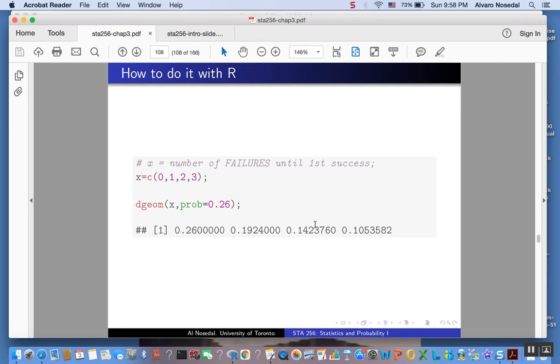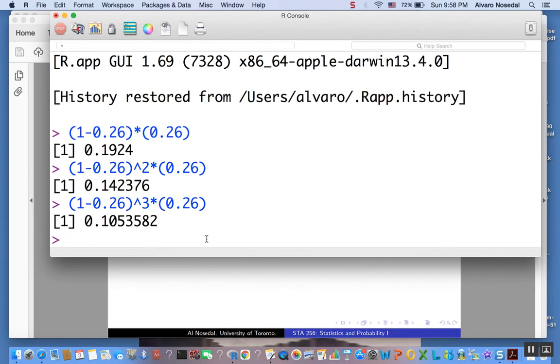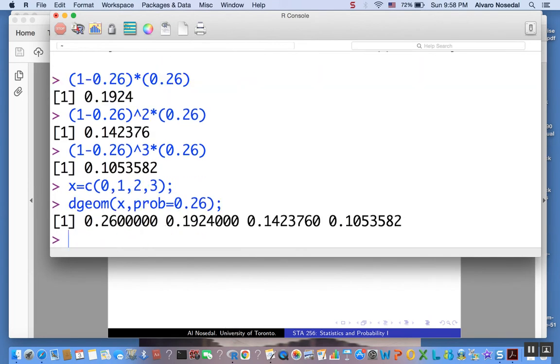Okay? So let's see, these 2 lines of code should give you this output. Let me just copy and paste those to double check. Yeah, it works. So anyway, just keep that in mind.